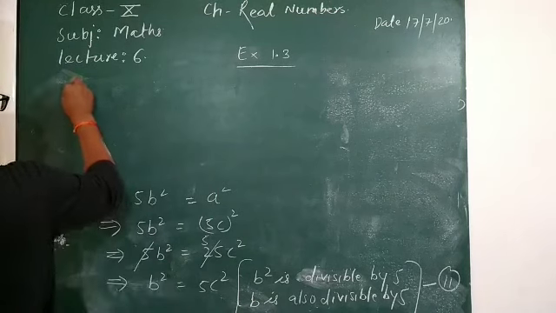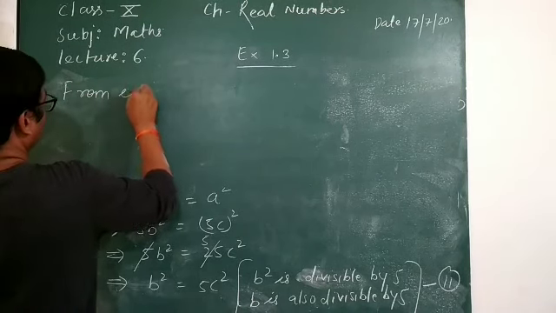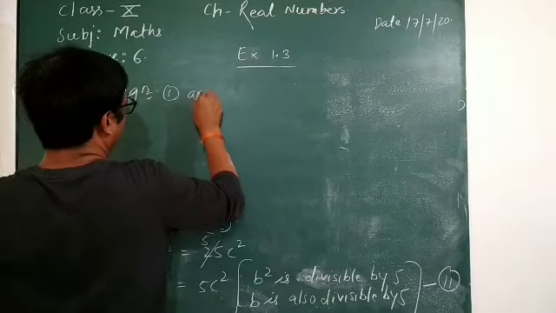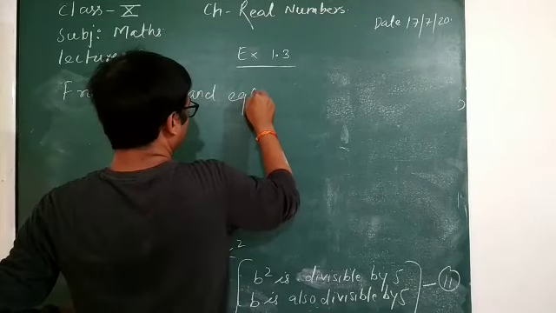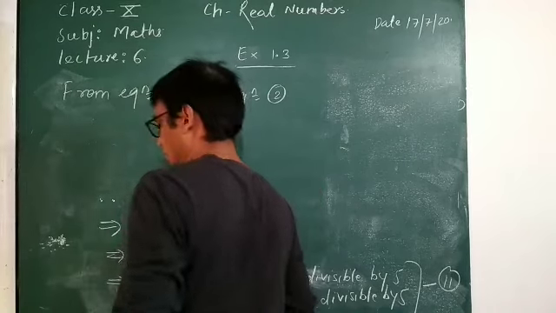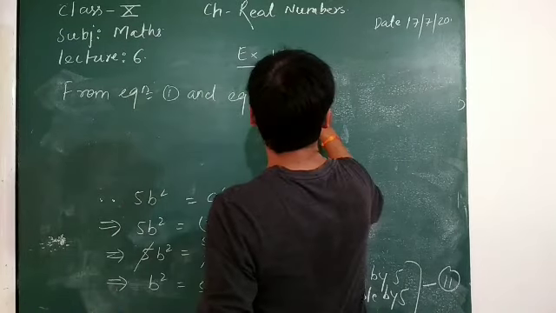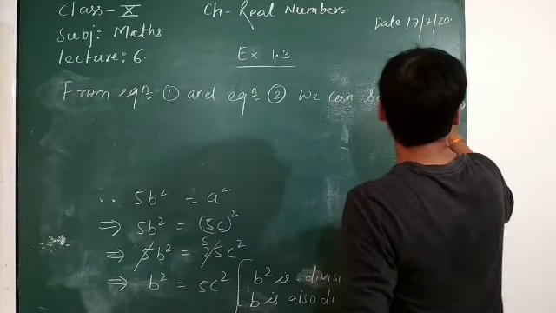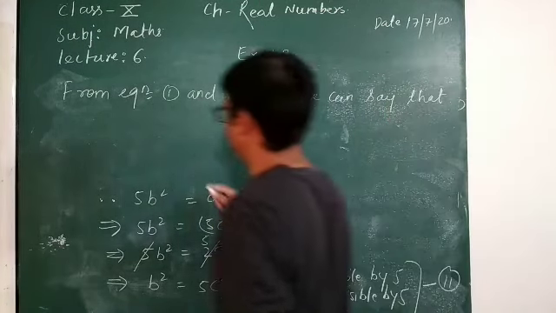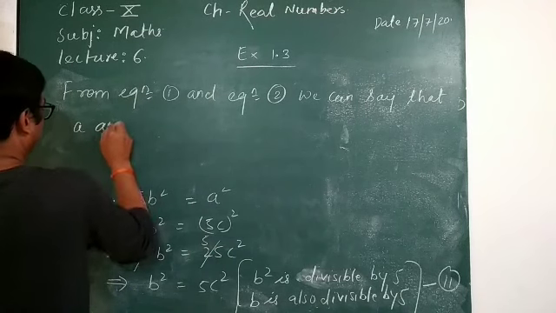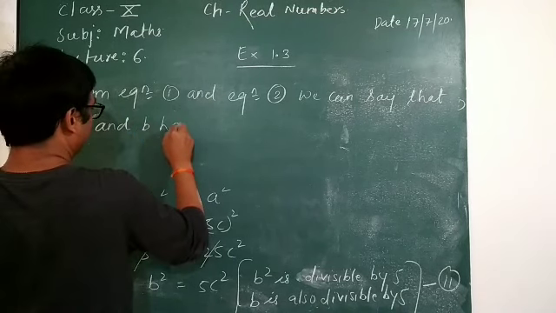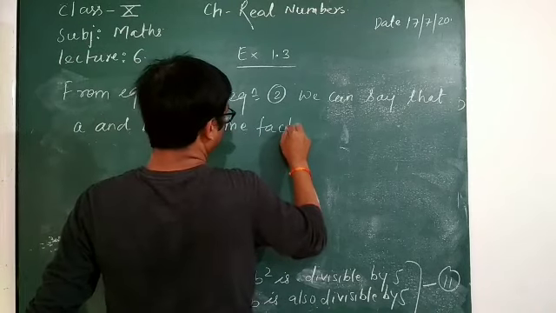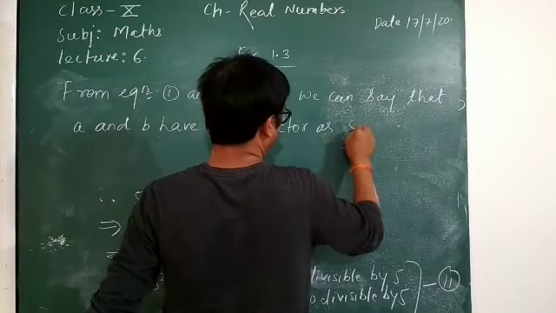Now we can write from equation 1 and equation 2 that a and b have a common factor as 5.